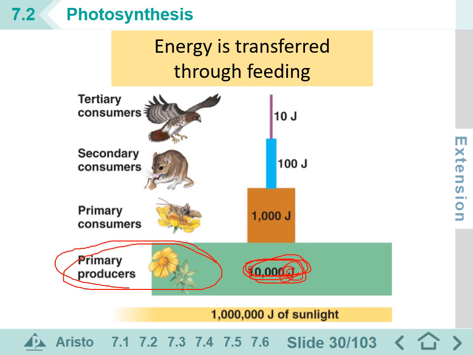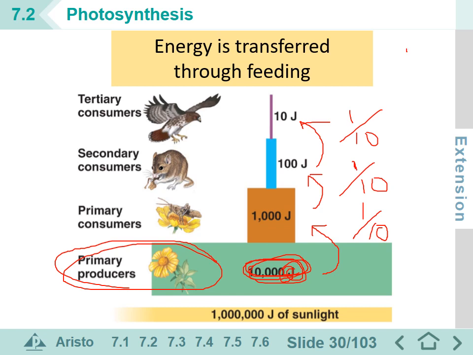When it is eaten by the primary consumer, only 1/10 of the energy is absorbed. For each level, 1/10 of the energy is transferred. In other words, 9/10 or 90% of the energy will be lost to the surroundings, or become heat.